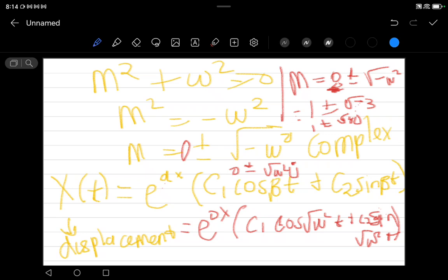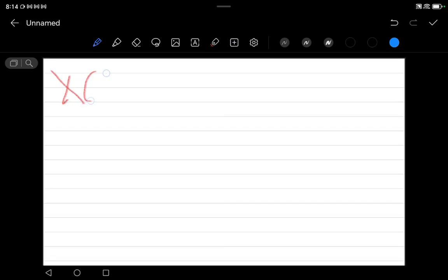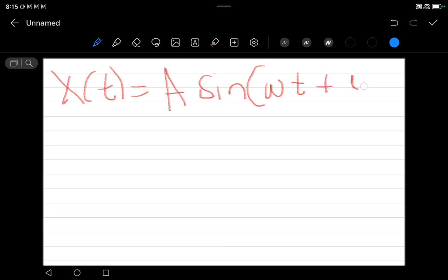When we are going to look for displacement, we're going to use this formula, or we can write it as x of t equals A sine of omega t plus phi. Phi is the angle, and A is the amplitude. Here I'm just giving you the formulas that we're going to use.